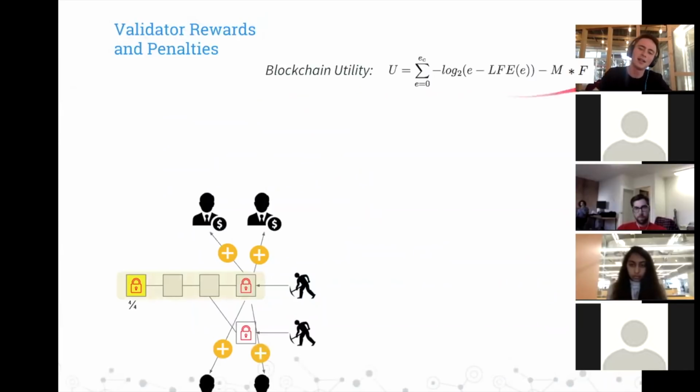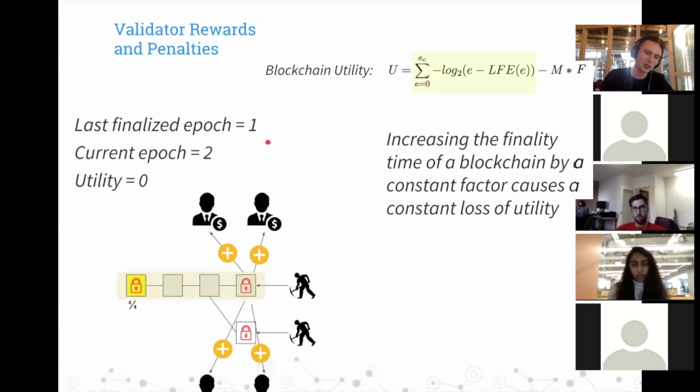In the economic paper that has come out, there's this function. Basically, what it means is this is the last finalized epoch, and this is the current epoch. So we've got increasing finality time. Increasing the time to finality lowers the utility of the blockchain, right?